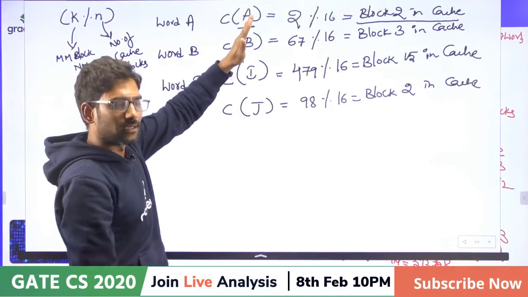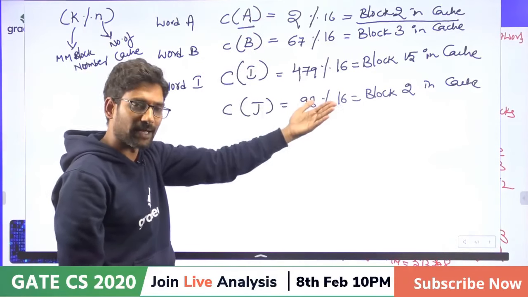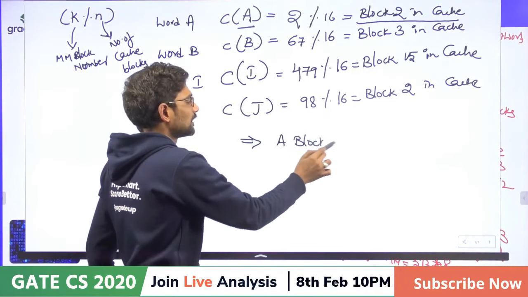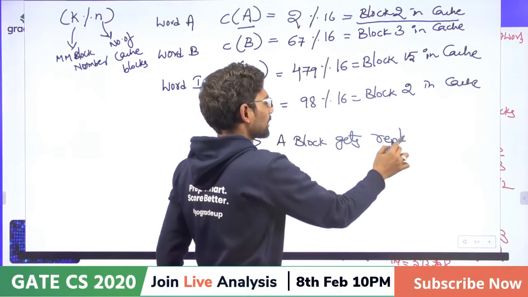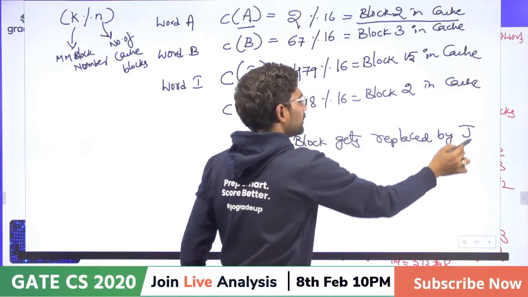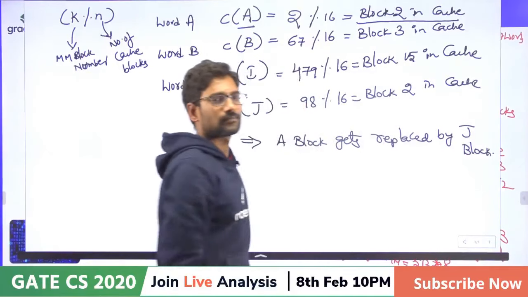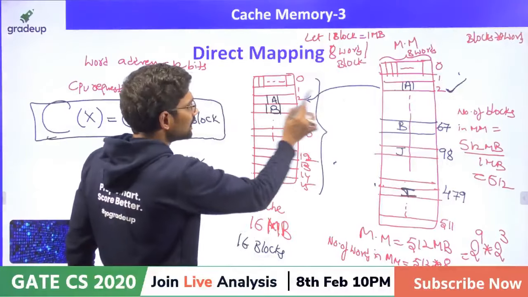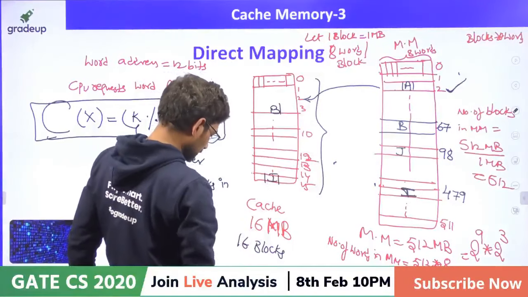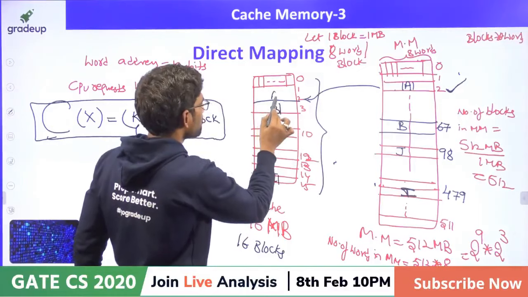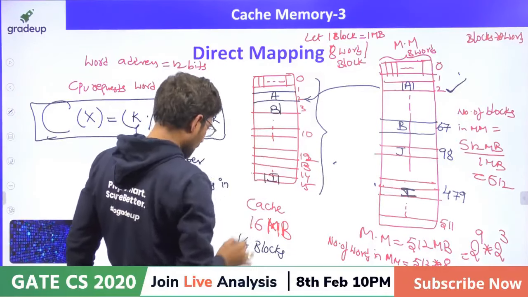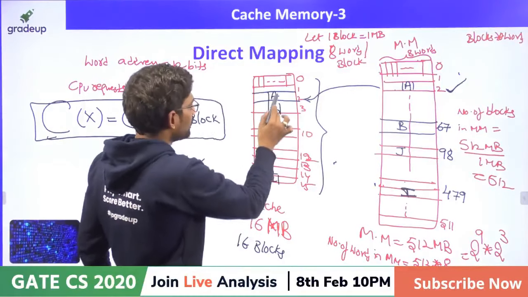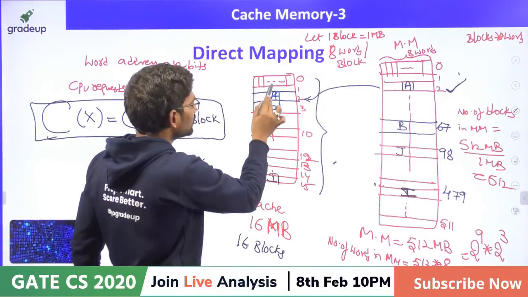The A block gets replaced by the J block.